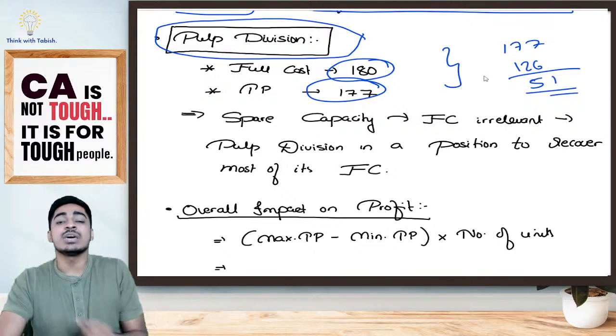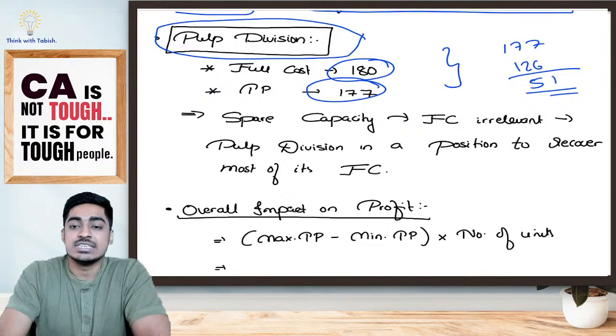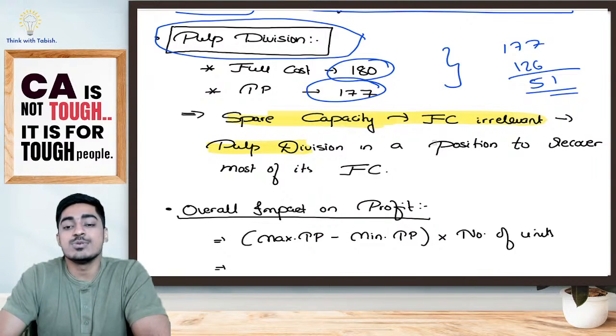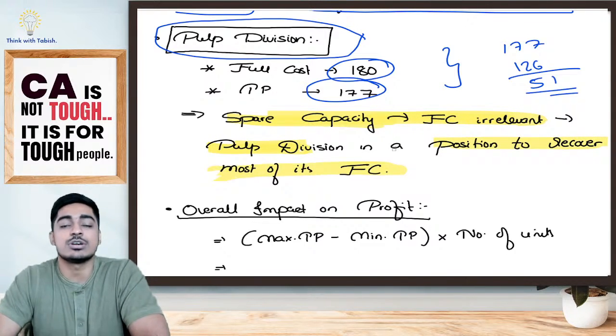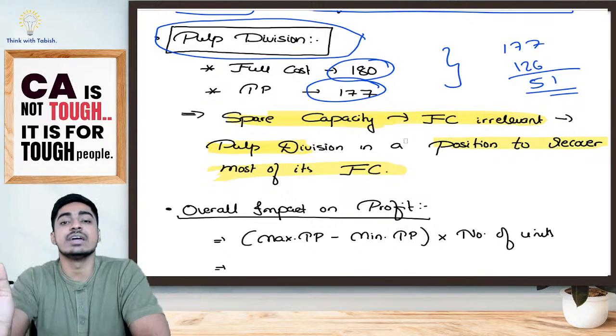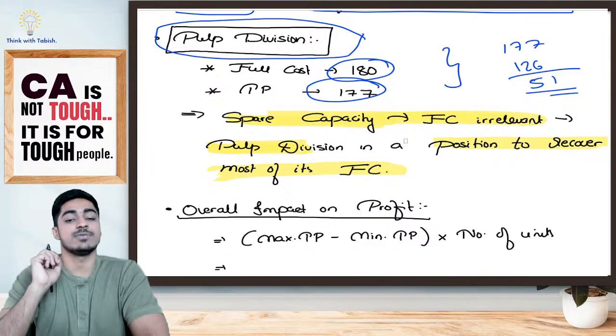But if this does not happen, he will not be in a position to absorb his fixed cost at all. Spare capacity is there, so fixed cost will be irrelevant. Pulp division is in a position to recover most of its fixed cost, which would not have happened if transfer did not take place. So pulp division should be willing to transfer at the transfer pricing range. That was one behavioral thing which we have told.